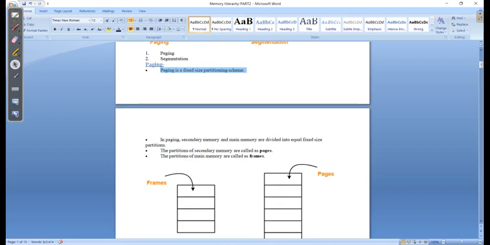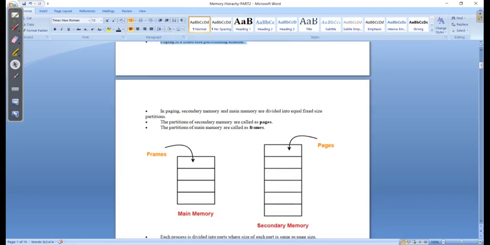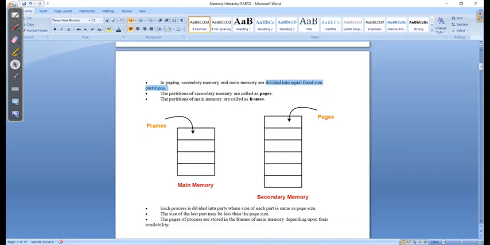In paging, secondary memory and main memory both are divided into equal fixed size partitions. In the main memory, these partitions are called frames, and in the secondary memory, these partitions are called pages.